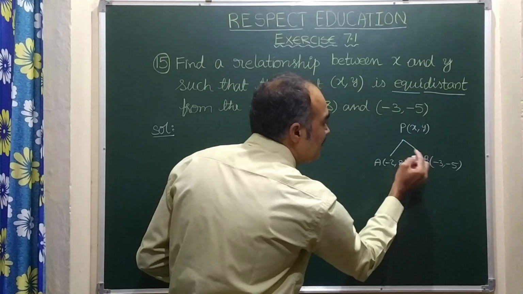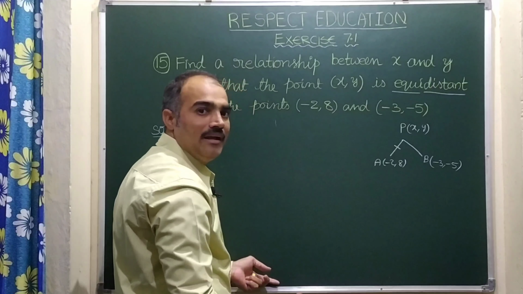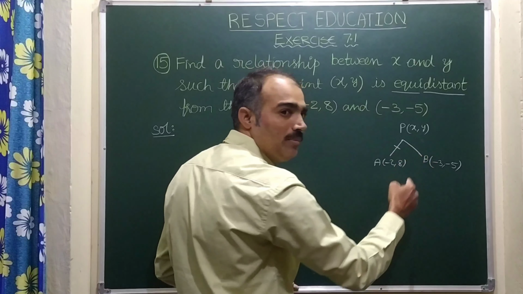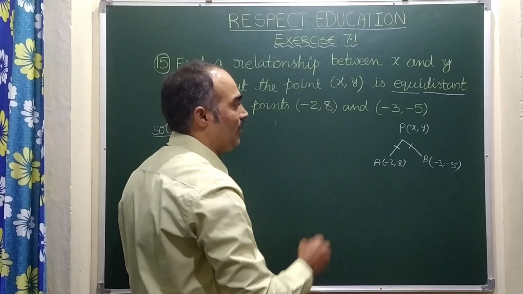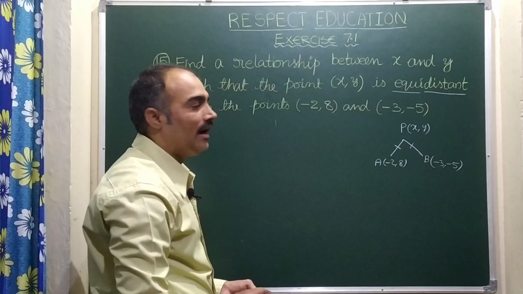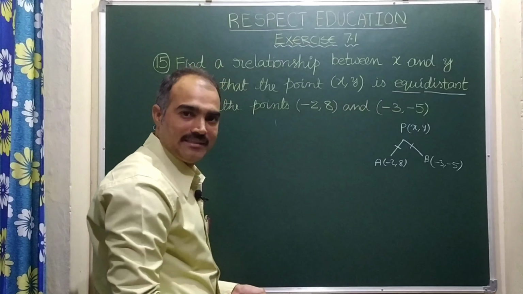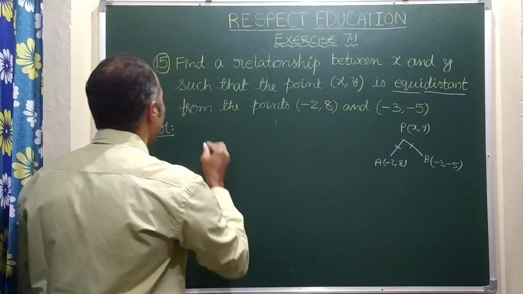Equidistant means the distance between P and A is equal to the distance between P and B. So these two distances are equal. So this is the given question. We need to find a relation between x and y. Now let us solve this problem.